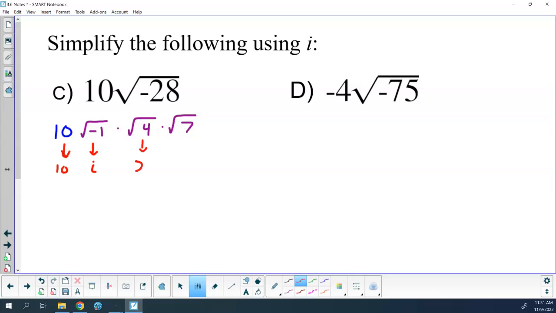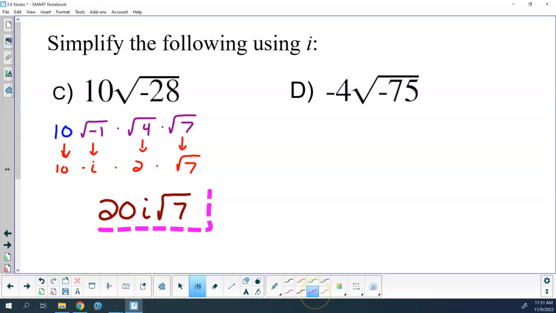Square root of 4 becomes 2. And the square root of 7 is the square root of 7. So you should have here 20i times the square root of 7. Agree?